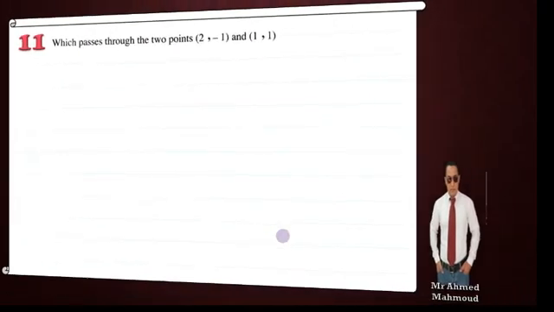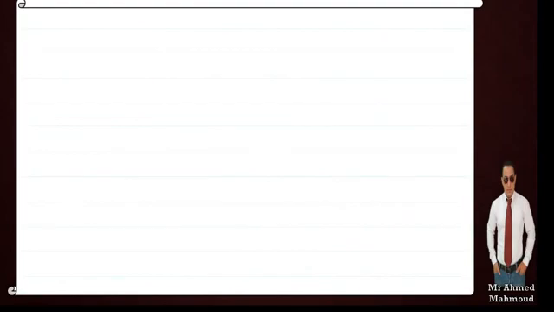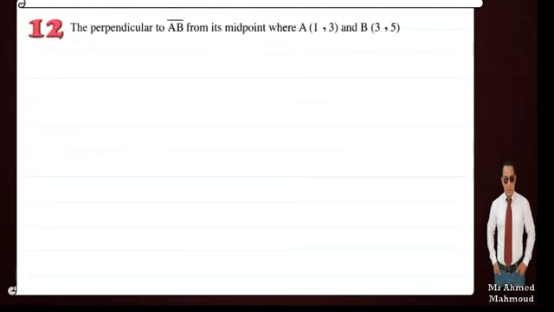Number 12. Perpendicular to AB from its midpoint. We need to find the equation of the line perpendicular to AB from its midpoint, where A equals (1, 3) and B equals (3, 5). First, I'm going to draw the line segment AB, here A, and here B. The line, we need to find its equation, passing through the midpoint of AB.